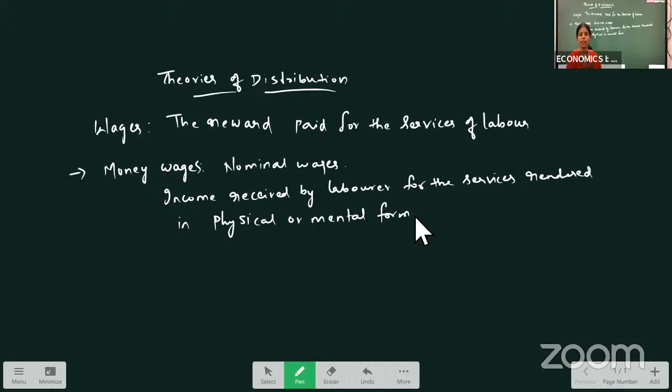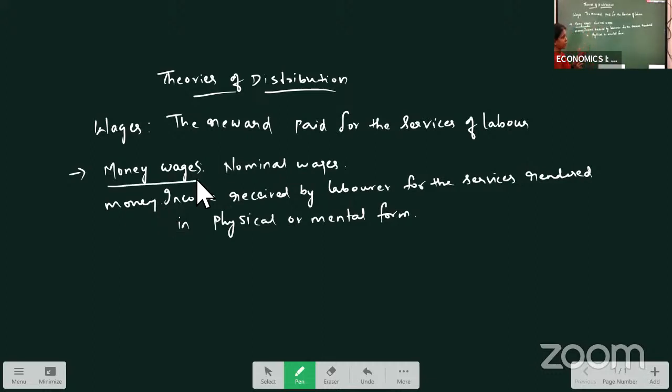That income which is paid in the form of money is called money wages. So money wages are the money income received by the laborer for the services rendered in physical or mental form. These money wages are also called nominal wages.